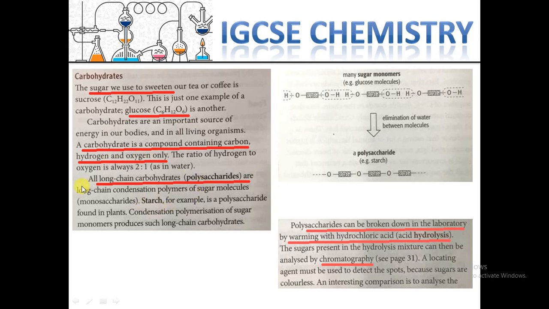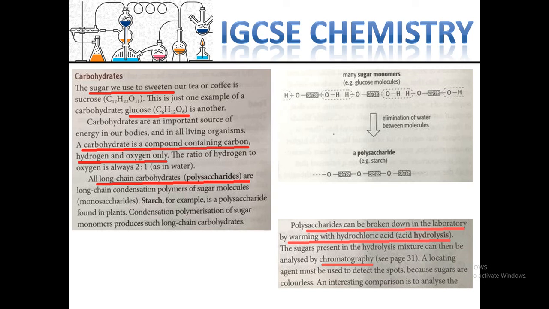All right, and a long chain carbohydrate is a polysaccharide. So long chain means polymer. The polymer form of carbohydrate is polysaccharides. They use the prefix poly for saccharides. That means it is a kind of polymer. You can see on the right side the two terminals in a monomer for sugar are OH, or hydroxyl group.